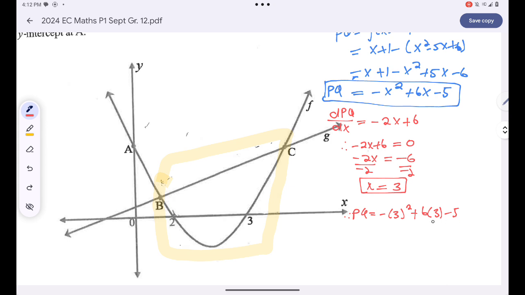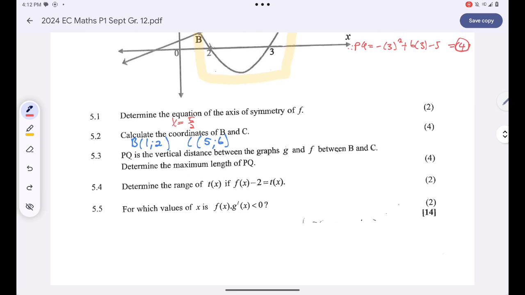Negative 14 plus 18 will just give us 4. So 4 is our maximum distance, guys. So the maximum distance is just equal to 4 units.